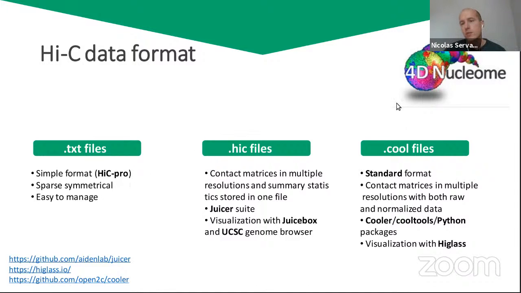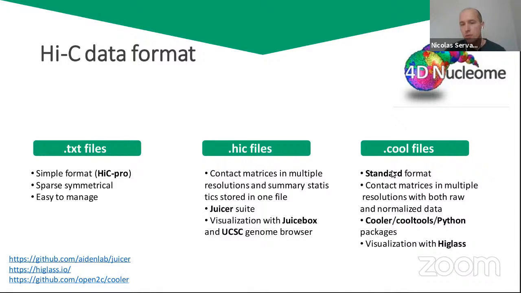Then in the context of the 4D Nucleome, they introduced two other types of HiC data format. The .hic files, which are derived from the Juicer suite, another workflow for HiC data analysis developed by the Lieberman Aiden lab, that you can load into Juicebox, a tool for visualization of HiC maps, or, for a couple of months now, into the UCSC Genome Browser.